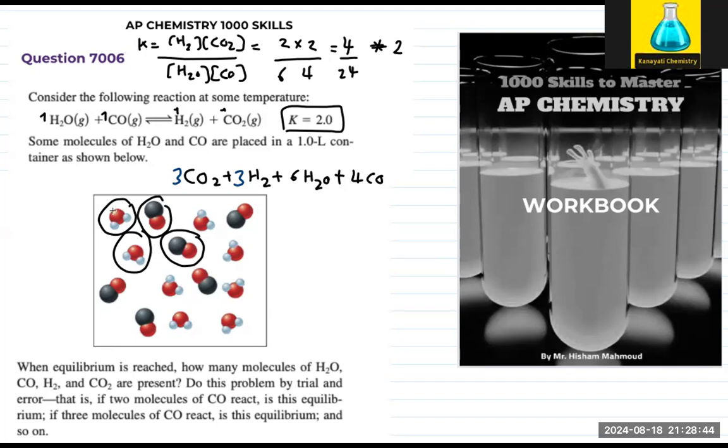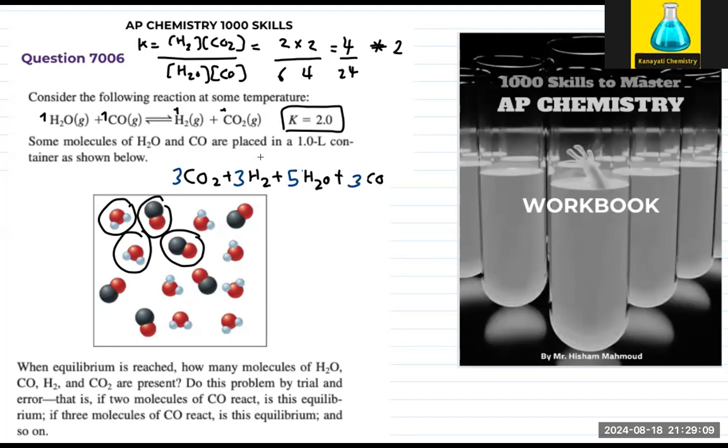And out of the 8 water, there is 5 water remaining, because at the beginning you have 1, 2, 3, 4, 5, 6, 7, 8, 3 finished, so 5 remaining, and there is 1, 2, 3, 4, 5, 6, 3 remaining of carbon monoxide.